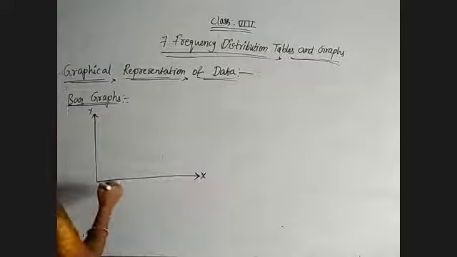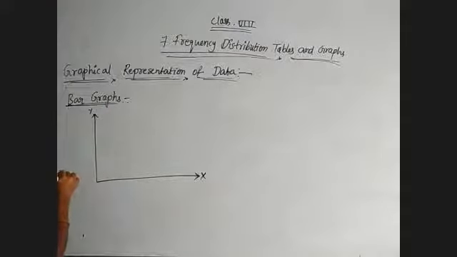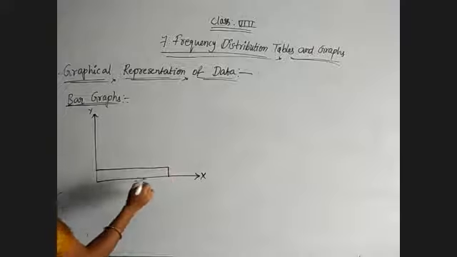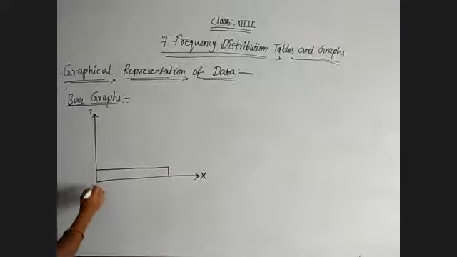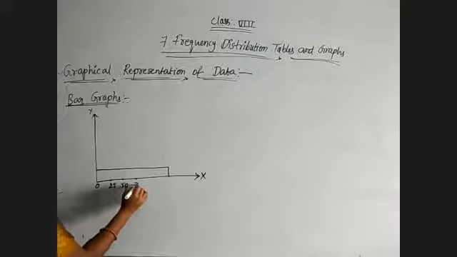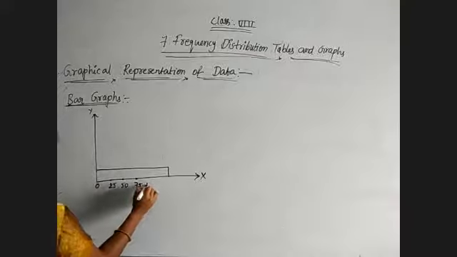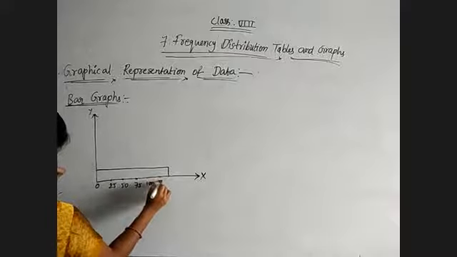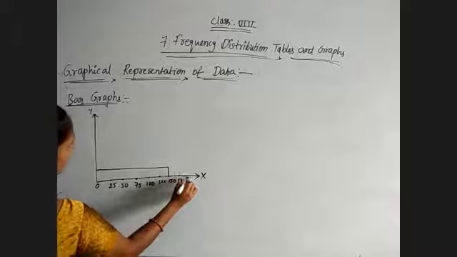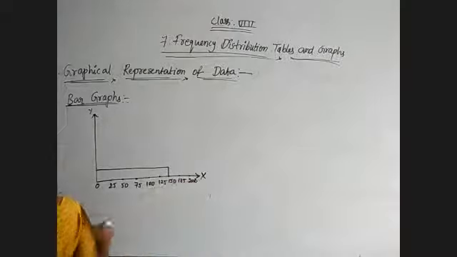X-axis and y-axis. Here the bars are parallel to the x-axis. The scale is 0, 25, 50, 75, 100, 125, 150, 175, 200.